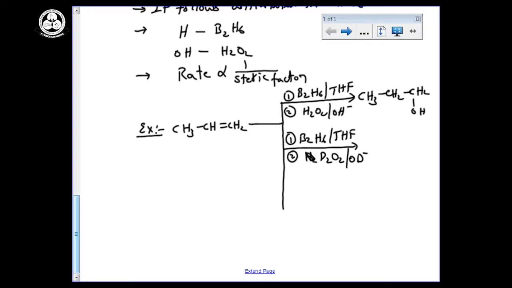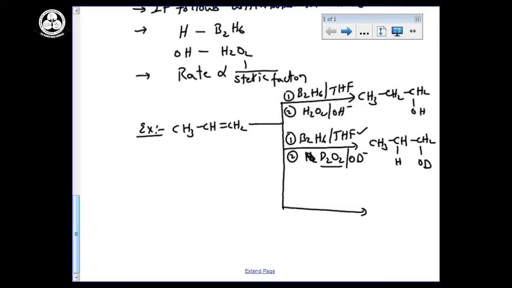So first this can give hydrogen. So CH3CH=CH2, first hydroboration. So hydrogen I am adding here, and OH is coming from here, that is OD. So the answer is OD.